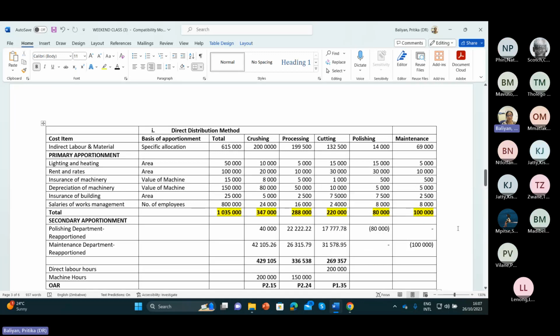The production departments are crushing, processing, cutting, and also polishing and maintaining.